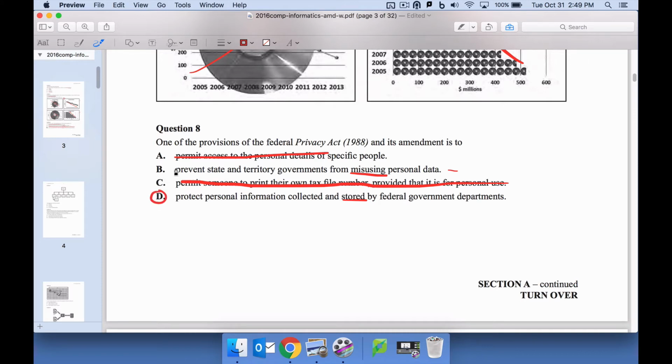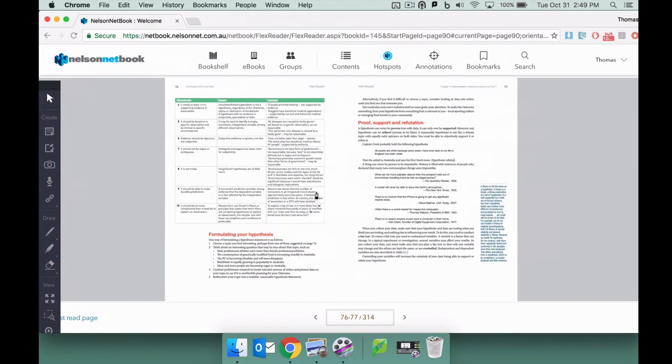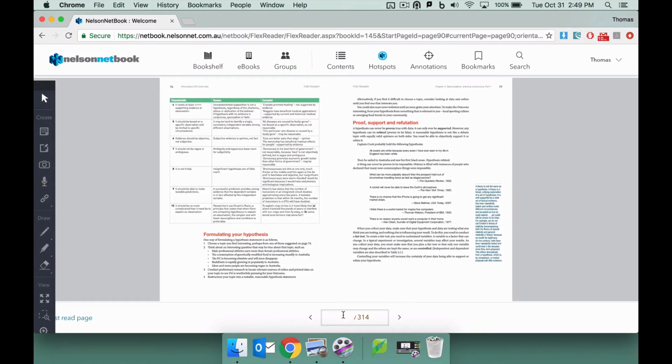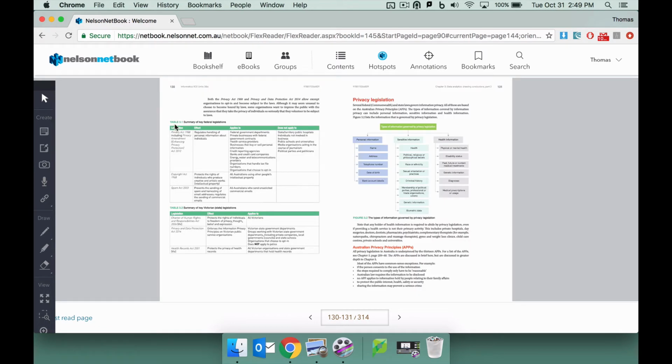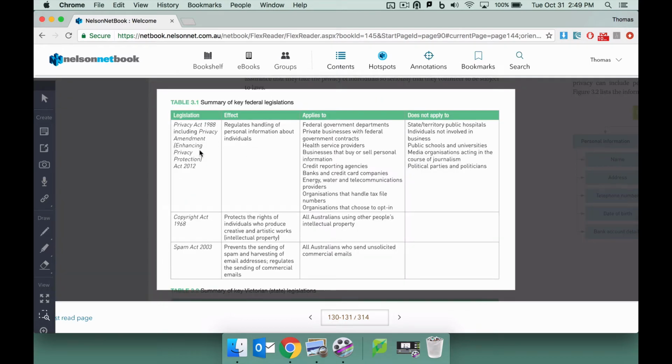So it is D. More information on this can be found on page 130. Here is the table summary of the legislations. So Privacy Act 1988 applies to federal government departments.